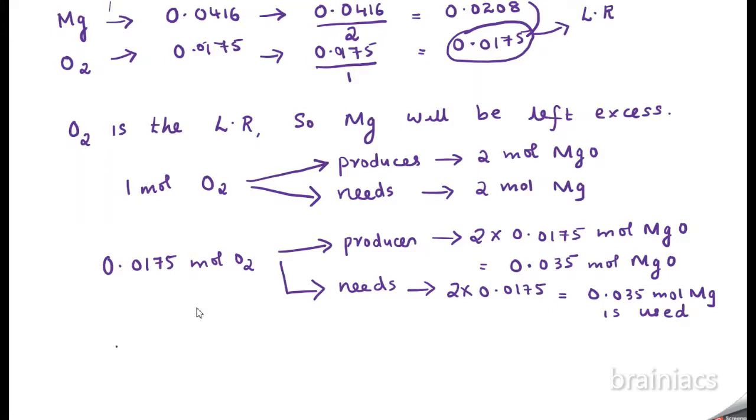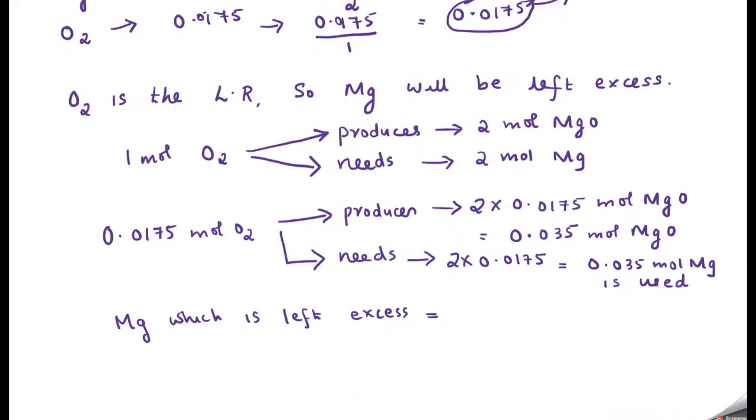So we can say magnesium which is left in excess is equal to initial quantity. What was the initial quantity? What is given to you? That is the initial quantity. So here magnesium which is left in excess is equal to initial quantity minus final quantity.